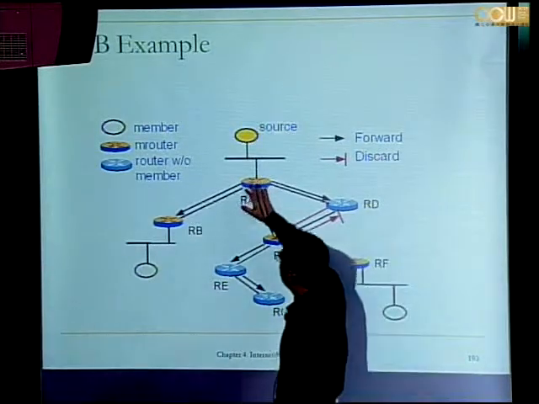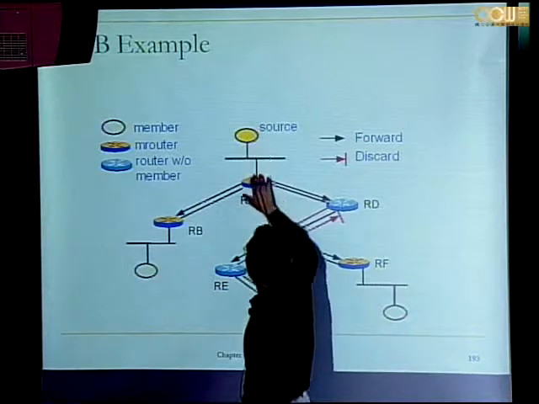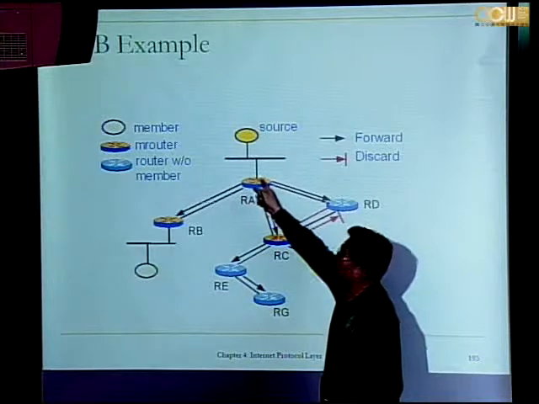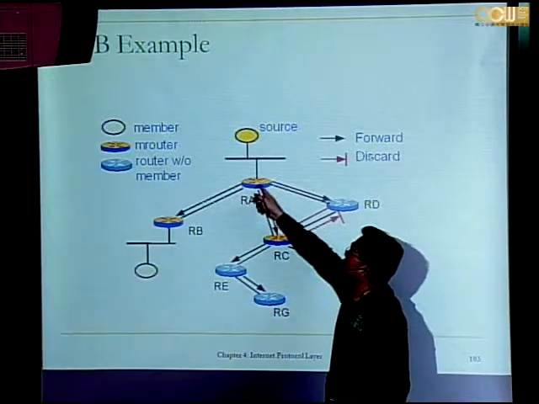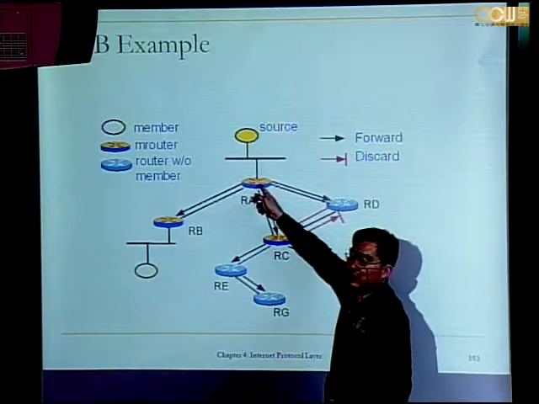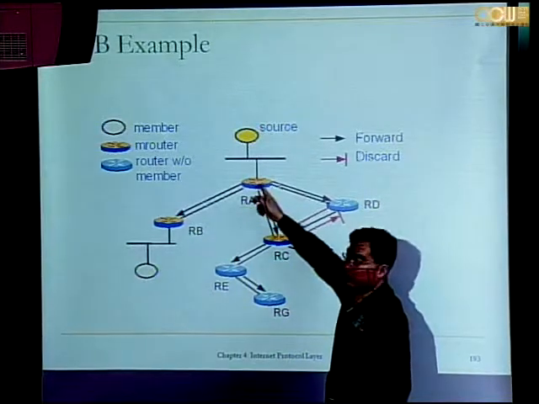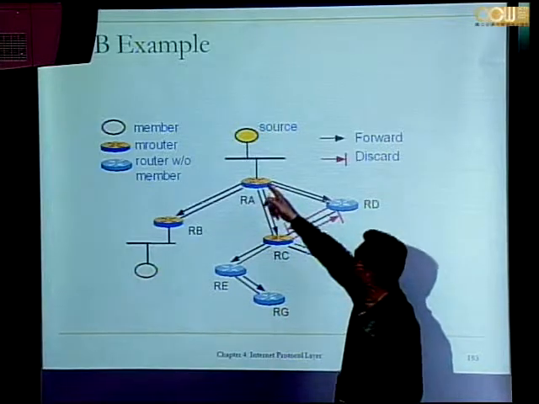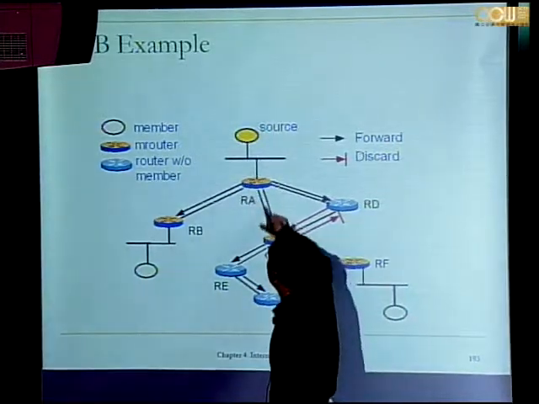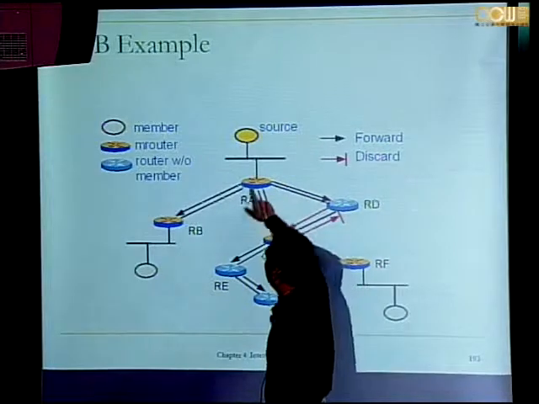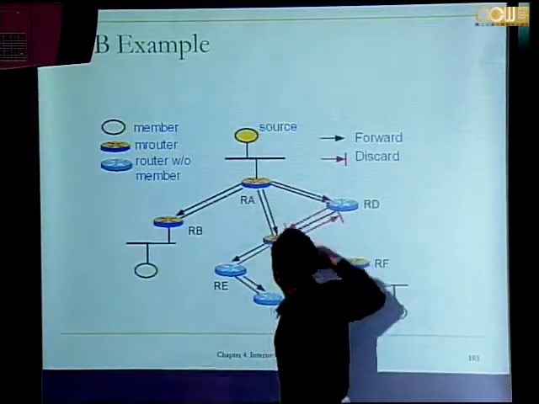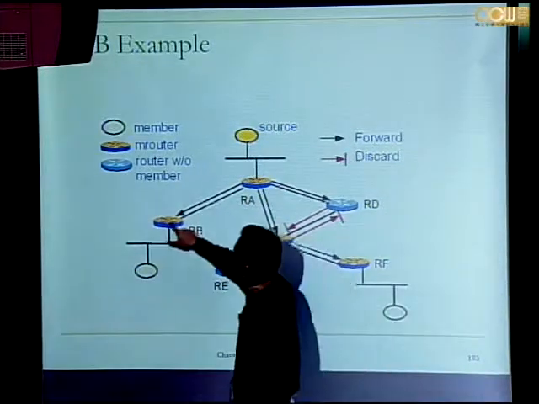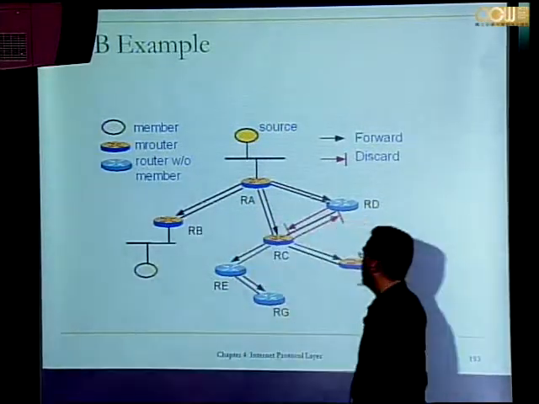Okay, so now I send a packet to my router, and the packet has a destination of a class D address. Now what does the router do? At the beginning, it will flood to the other 3 links. And then the 3 routers receive it.